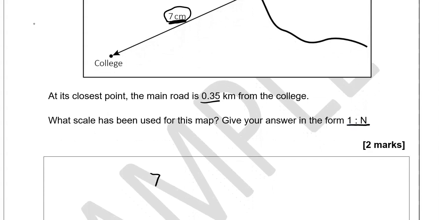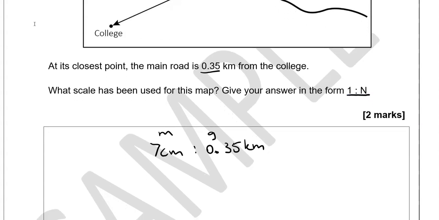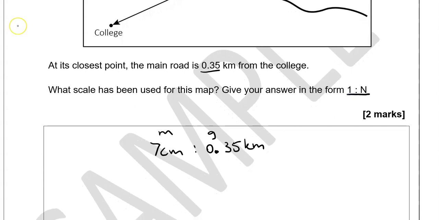So 7 centimeters on the map is equal to 0.35 kilometers on the ground. Let's simplify this and work out what 1 centimeter on the map is equal to. So as I said earlier, I want to convert this into centimeters because I want to use centimeters as a unit for both the measurement on the map and on the ground.